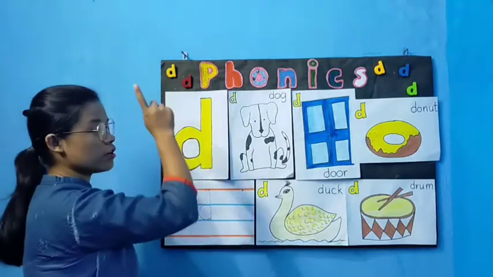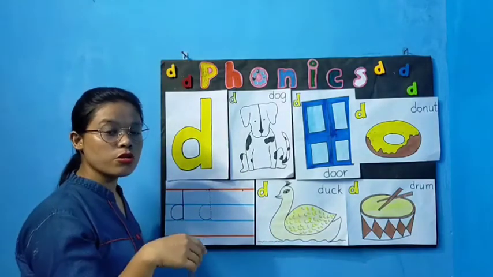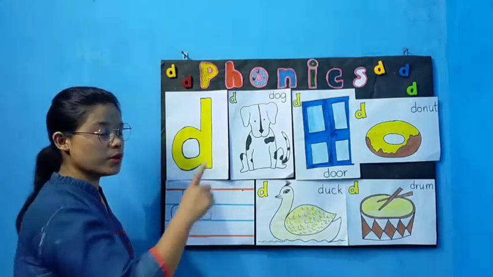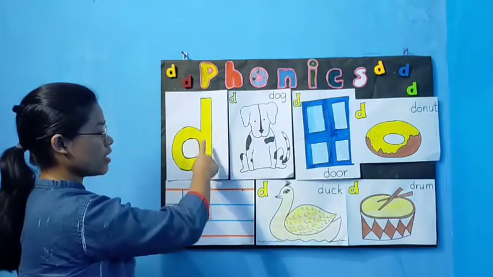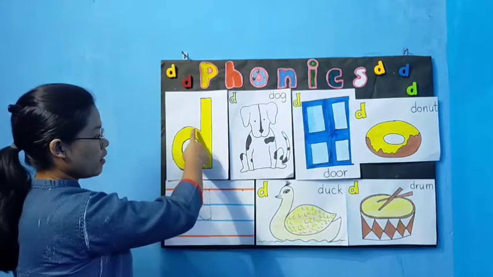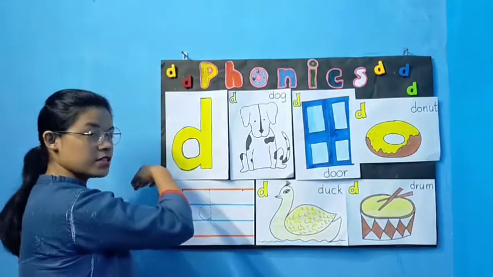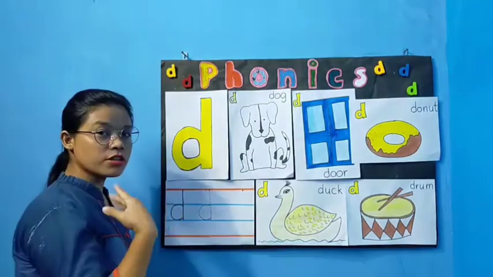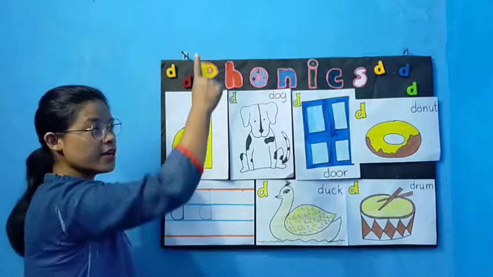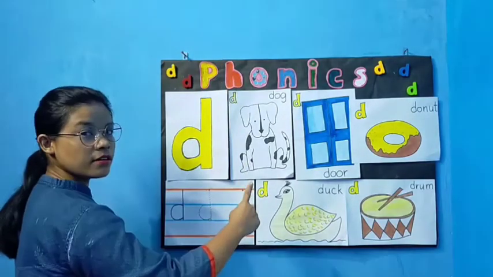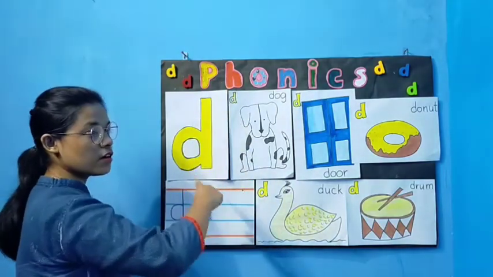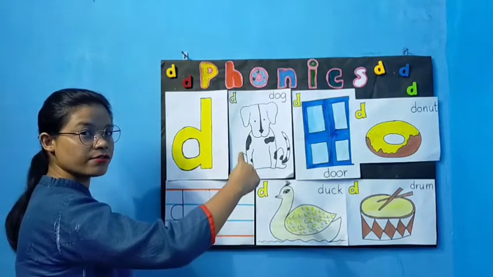Okay, so again now you also do along with me. Okay, standing line and the curve left side. Okay, left side. Okay children, now you also do standing line and the curve to the left.